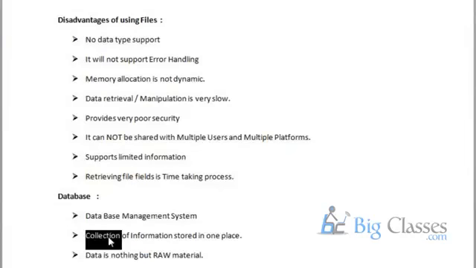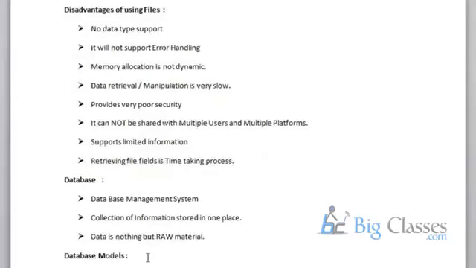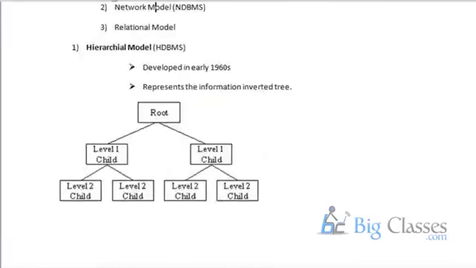So a database is a collection of information stored in one particular place. Then data is nothing but raw material. So when we talk about data and information, data represents raw material, information represents processed data.